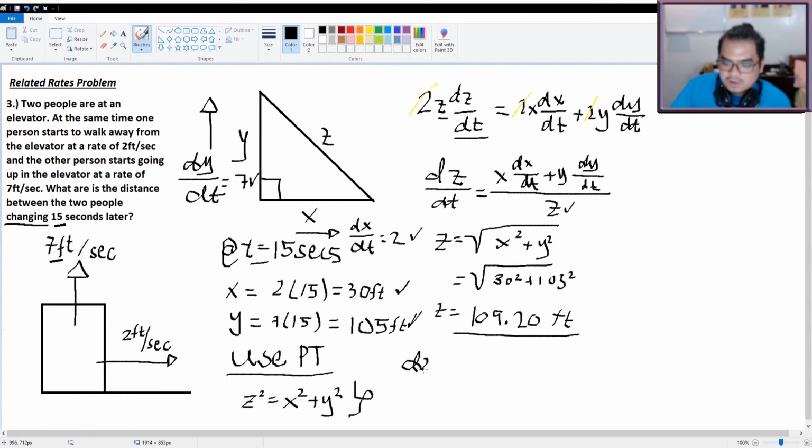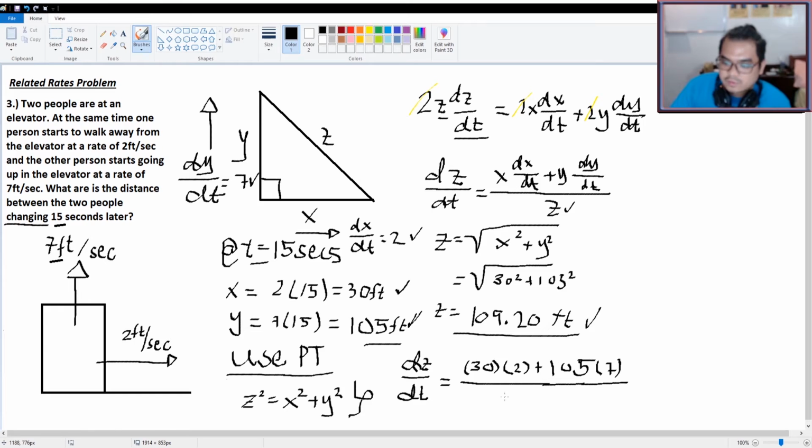Calculating dz over dt, substituting the values, x is equal to 30 times dx over dt, which is 2, times 2, plus y is 105 times dy over dt, which is 7.